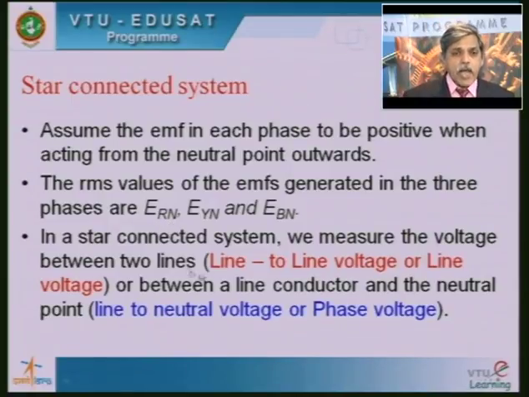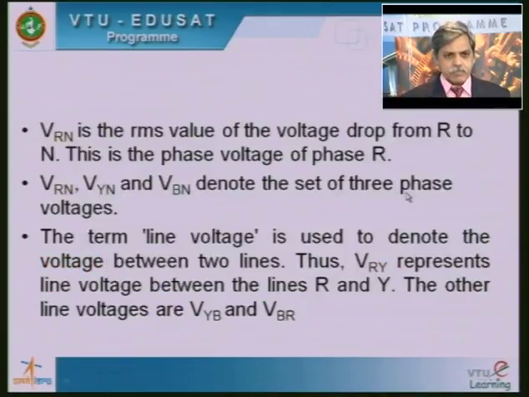Therefore, three line voltages and three phase voltages exist in a star connected system. Similarly, the current flowing from N to R is called the R phase current, Y to N is the Y phase current, and N to B is the B phase current. These currents flow out of the star connection through the lines, and the currents in the lines we call line currents.